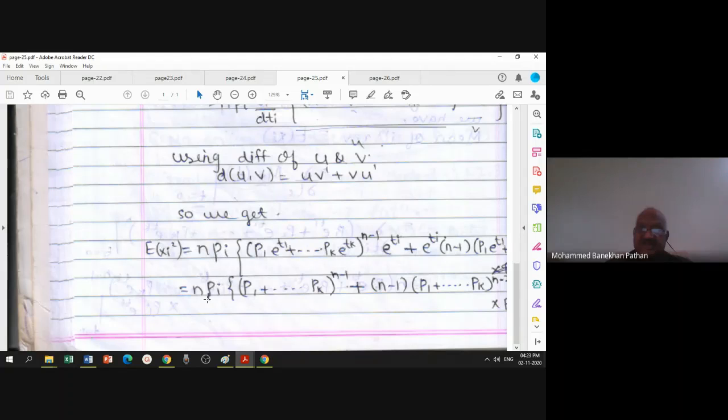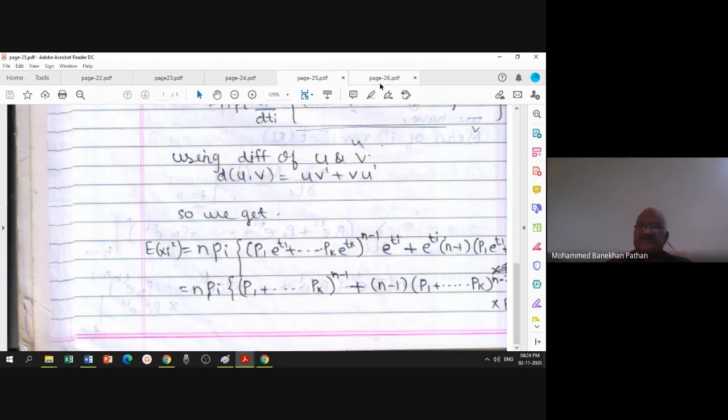So n times pi. Now when I replace t equal to 0, this becomes p1 plus dot dot plus pk, power n minus 1. e to the power 0 is 1, so this cancels, plus e to the power 0 is 1, cancels. n minus 1, this is p1 plus p2 and so on, power n minus 2, into pi e to the power 0 is 1.